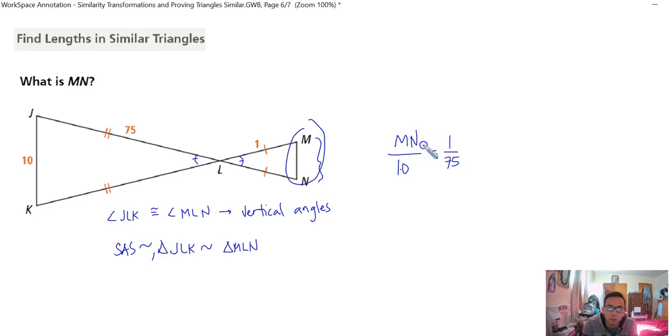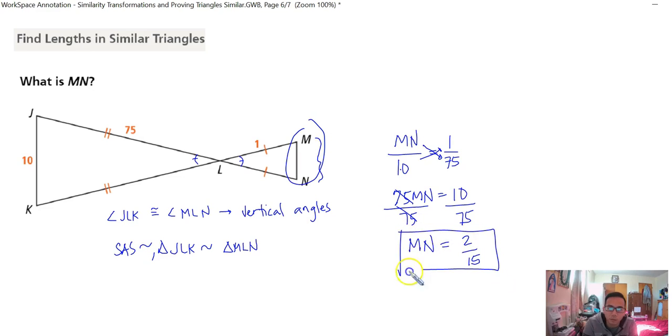So we multiply cross product here, that is 75 MN is equal to 10, and then I'm going to divide both sides by 75 so that the measurement of MN is equal now to 2 over 15. So the measurement of MN is 2 over 15. That is how you find length.